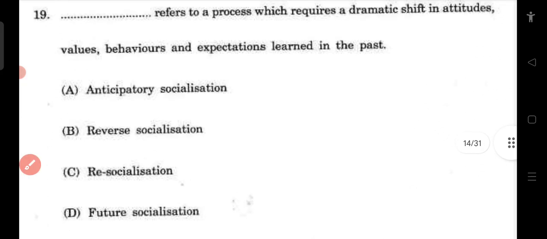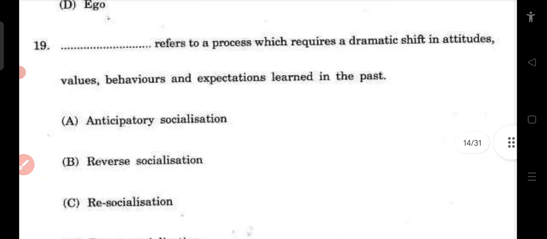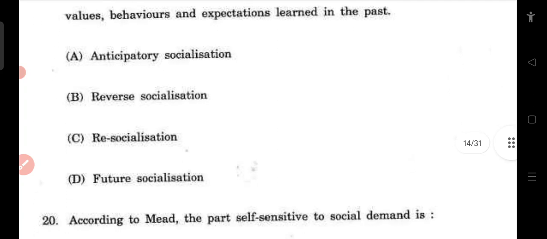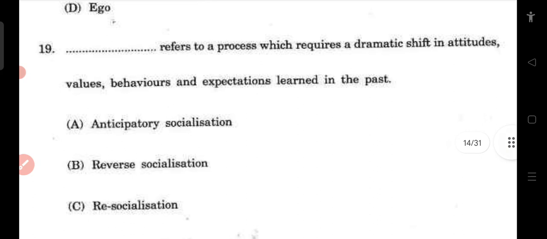Question number 19 is asking, this refers to a process which requires a dramatic shift in attitude, values, behaviors, and expectations learned in the past. Anticipatory socialization, reverse socialization, re-socialization, future socialization.